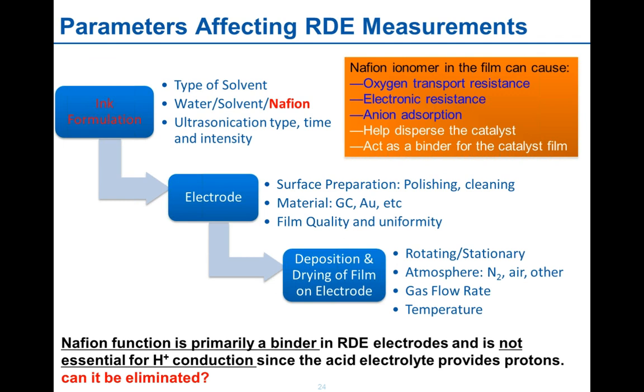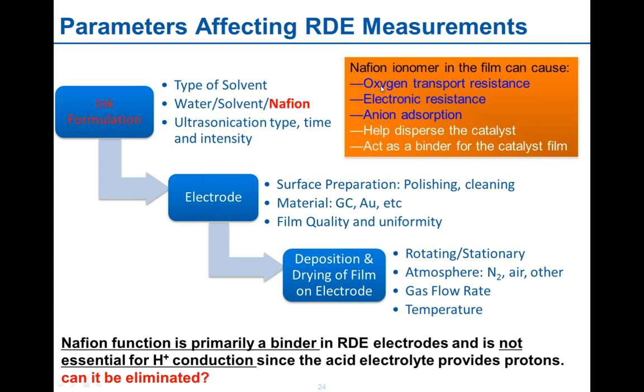So in delving more into all these parameters that affect the activity, what we wanted to do in our study at NREL was see if we can make these inks and films without using any Nafion. Can Nafion be eliminated? Because Nafion ionomer in the film can help you disperse the catalyst. It also acts as a binder for the catalyst film.